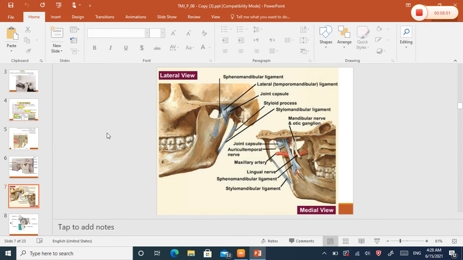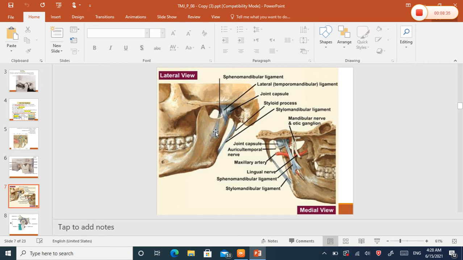Temporomandibular ligament: the largest portion acts as the main suspensory ligament. This is the main ligament. Sphenomandibular ligament is round and cord-like at its origin and takes more of a ribbon-like form at its insertion.